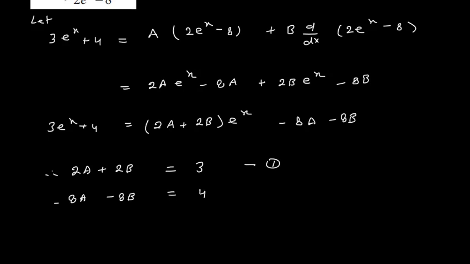This you divide by 4, so therefore you will get minus 2a minus 2b is equal to 1. This is your equation 2. So if I add, I will get 0. Okay, something went wrong, I'm not getting the value of a as well as b. So what went wrong?